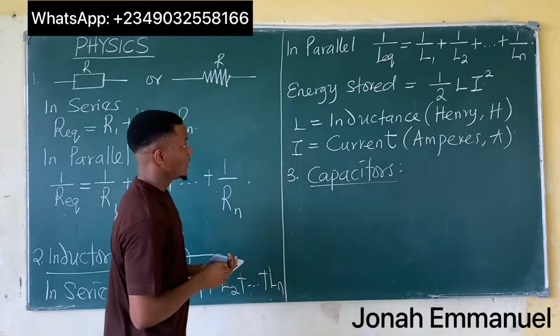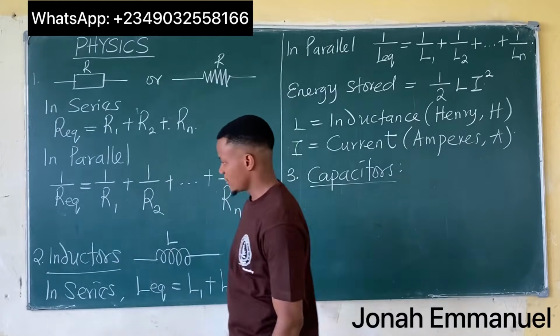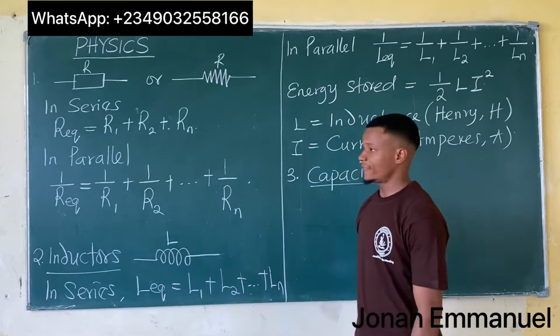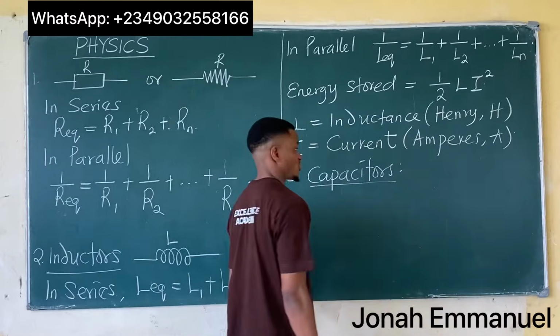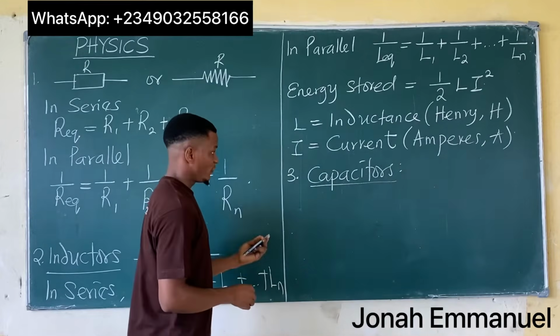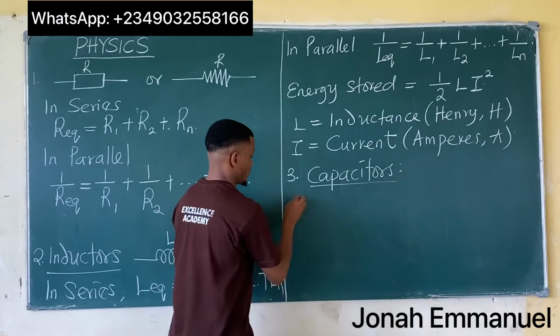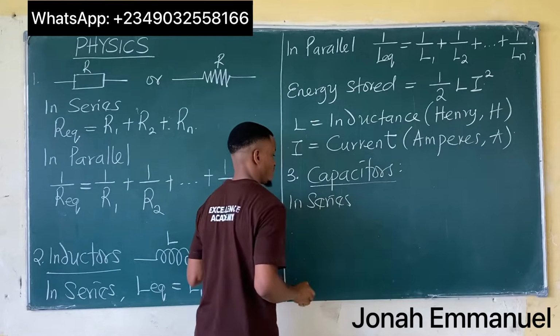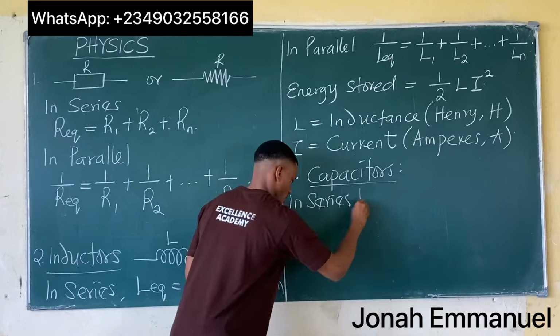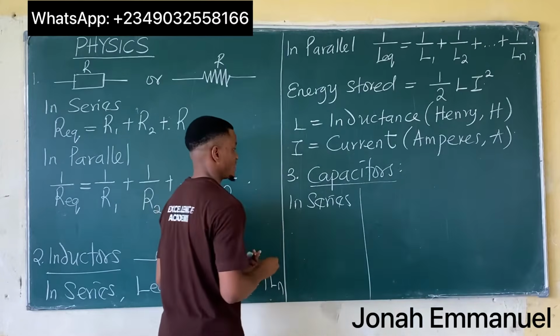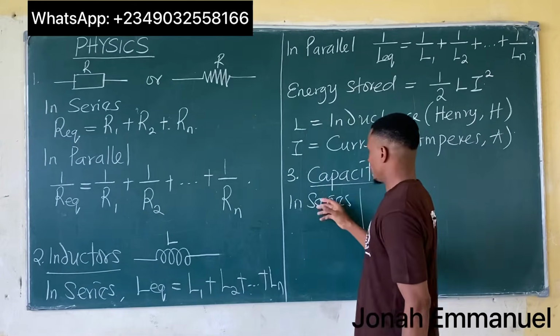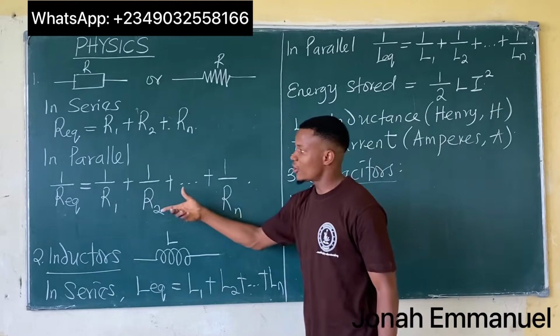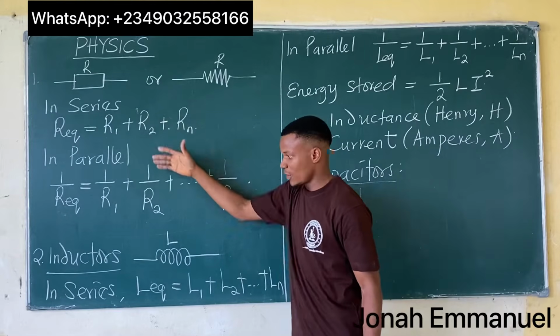Alright, finally, the third one there is capacitors. Of course, inductors are used to store electrical energy. That's a function. A capacitor is used to store electrical charges. For a capacitor, in series, now the series concept of a capacitor is the parallel concept of both resistor and inductor.